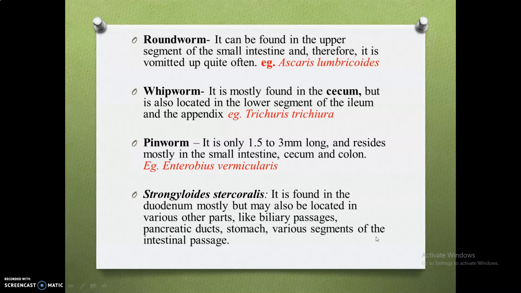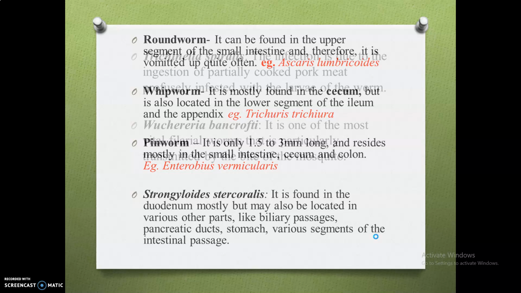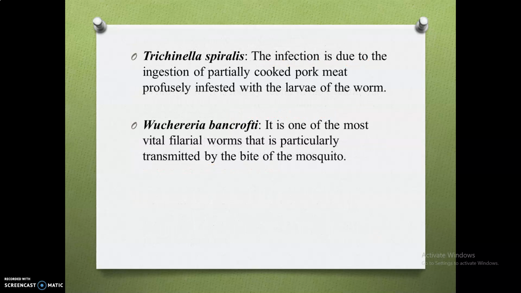Strongyloides stercoralis. It is found in the duodenum mostly but may also be located in various other parts like biliary passages, pancreatic ducts, stomach, and various segments of the intestinal passage. Trichinella spiralis.